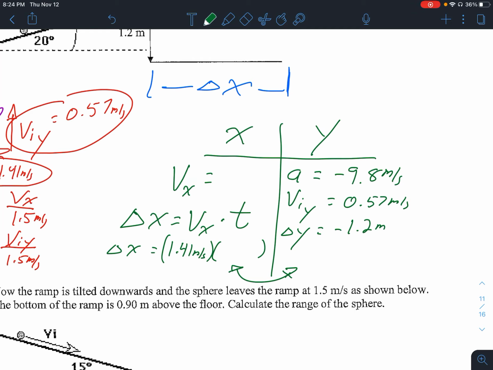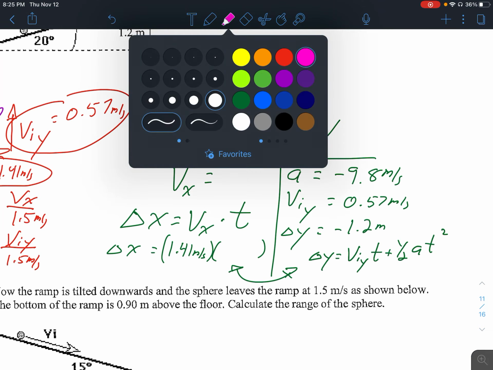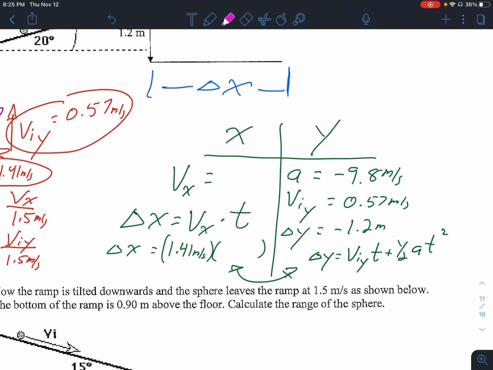So our equation, of course, has to have time in it. We don't know the final velocity at this point, so our formula to use cannot have that in as well. So the only option is this equation, which we know all of these variables. We know Viy, we know delta y, and we know a, and then we just have t left over. So this is that scenario where we have two t's, and some of you may recognize this as a quadratic equation.